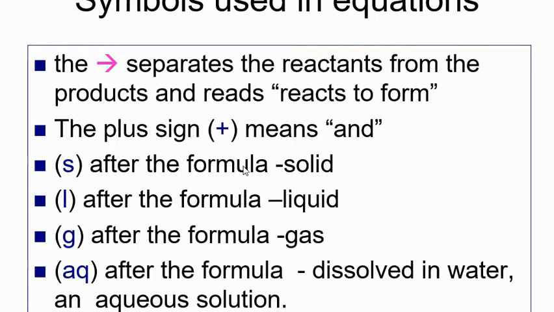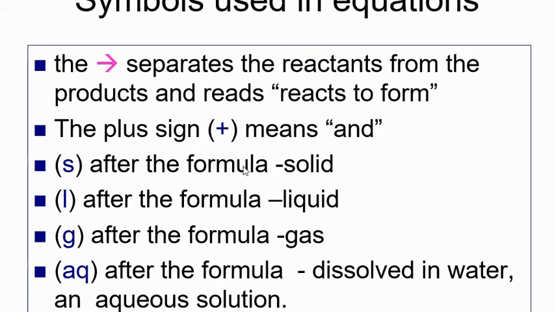It means it was solid or gas, and then it got dissolved in water. So if you dissolve some salt in water, it's still salt and it's still water. It's just a mixture. You can separate them out so it hasn't made a chemical reaction. So now it's called an aqueous solution.